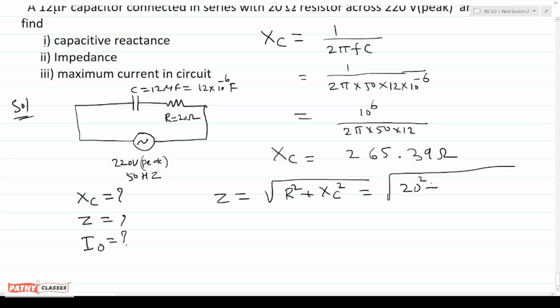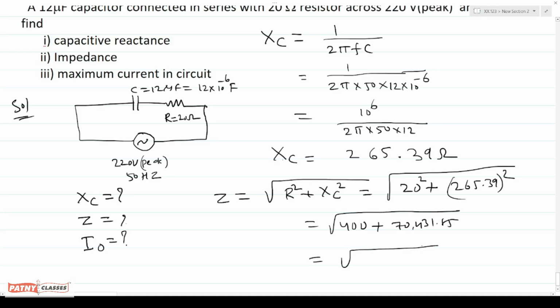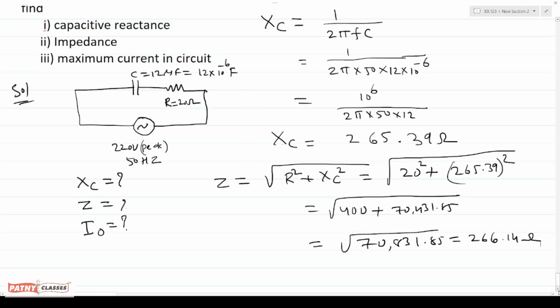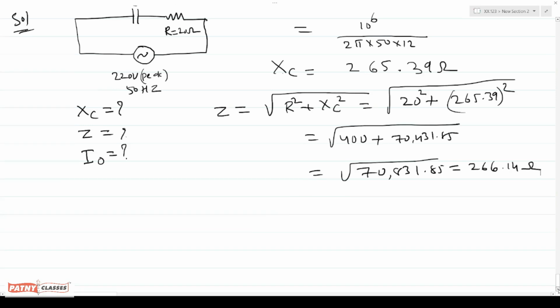So 20 square plus 265.39 whole square, that is equals to 400 plus 70431.85, which is equals to under root of 70831.85. On taking the square root, it becomes 266.14 ohms. So we got the second answer as well, that is the impedance of the circuit, 266.14 ohms.